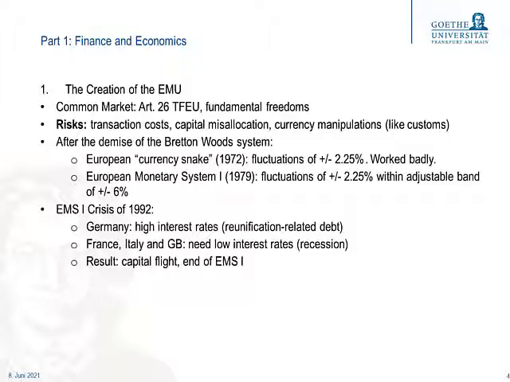That's a problem. If you've got low interest rates and Germany has high interest rates, where does the smart money go? It goes to the high interest rate country. It went all to Germany and created a lot of trouble at home. And that led to the collapse of the European monetary system.